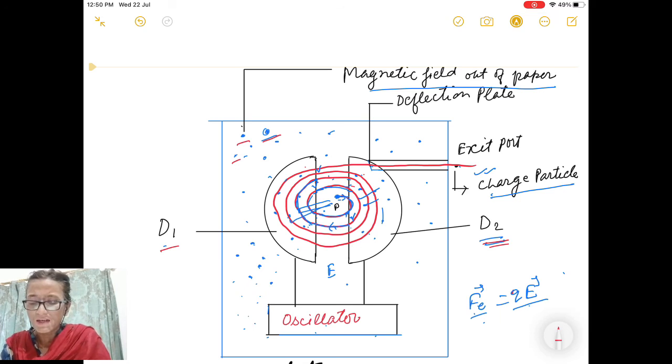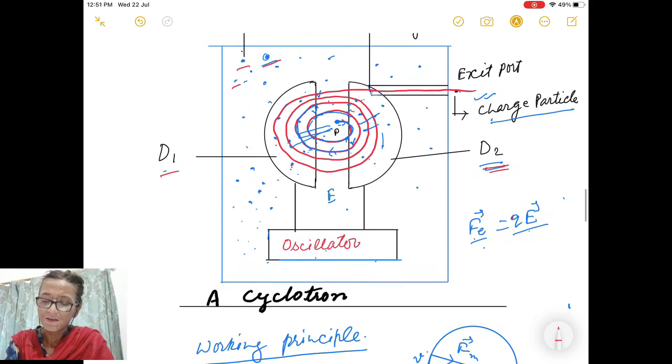And we know that a completely enclosed metallic container acts as an electrostatic shield. So if a charge comes to this region, no electric force, let me say again, no electric field acts on the charge when it enters this D-shaped container.